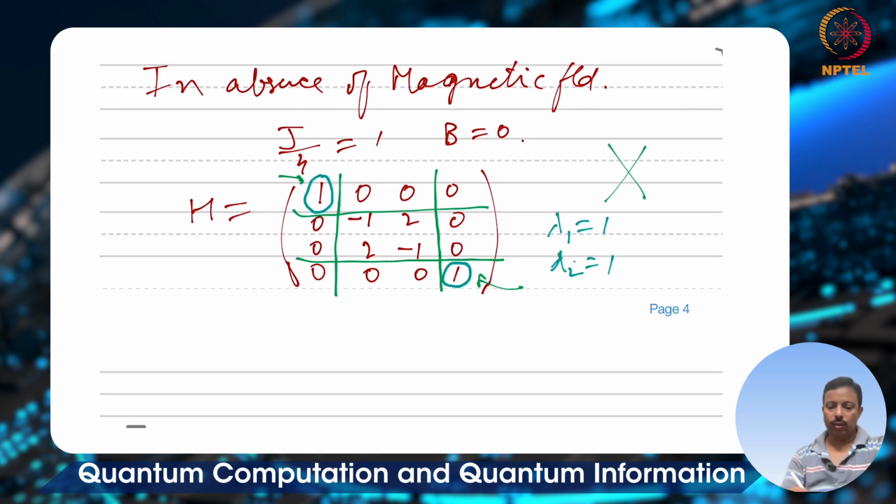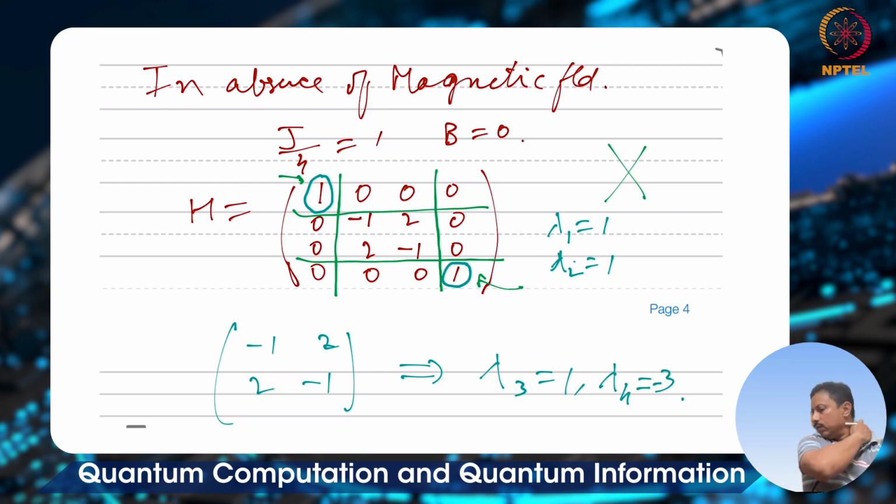The block is minus 1, 2, 2, minus 1, and it's very easy to diagonalize this, so I am not going into that. So I have lambda 3 equal to 1, and lambda 4 equal to minus 3.